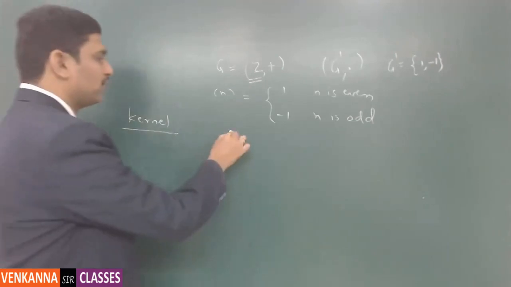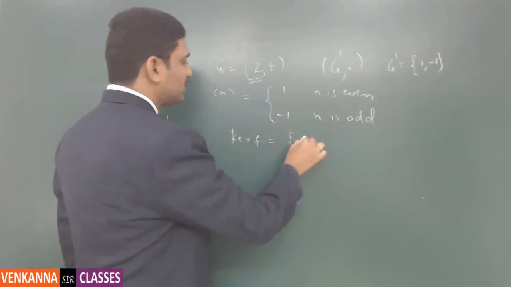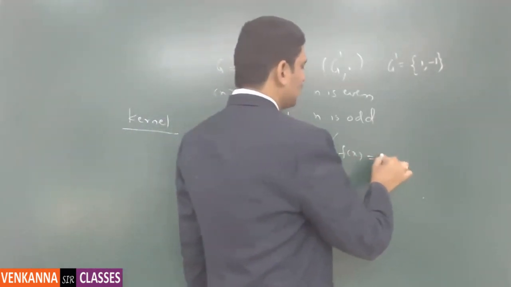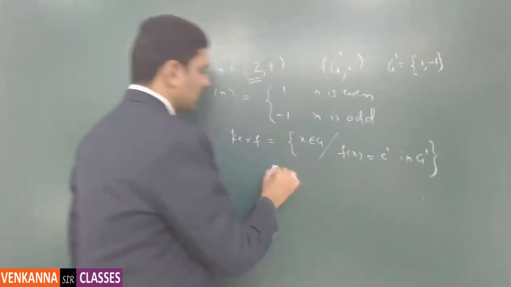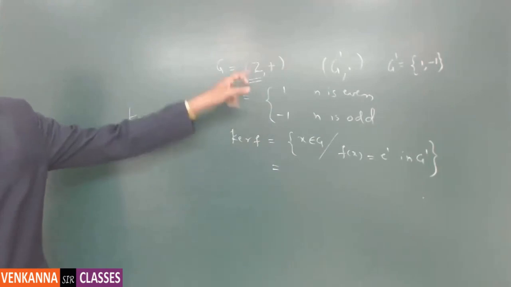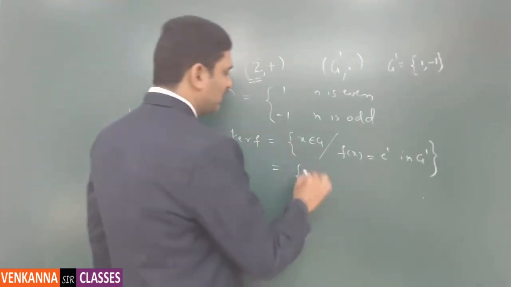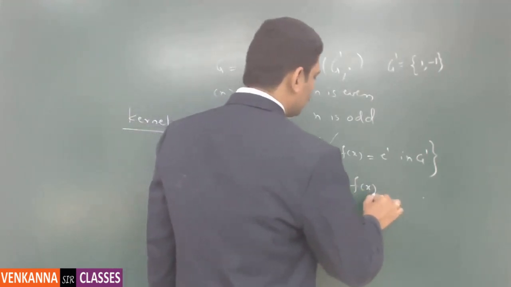So as we define, kernel f is given by the set of all x belongs to G such that f of x is equal to the identity in G dash. So here G is nothing but the set of all integers. So this is the set of all elements in the integer set such that f of x is equal to 1.